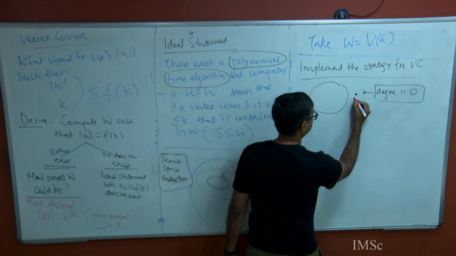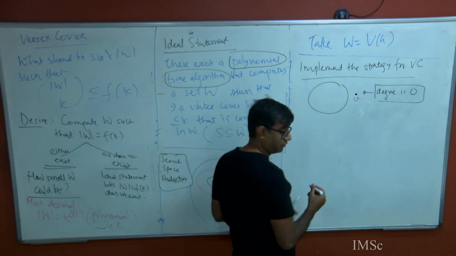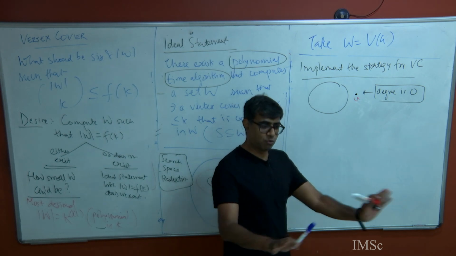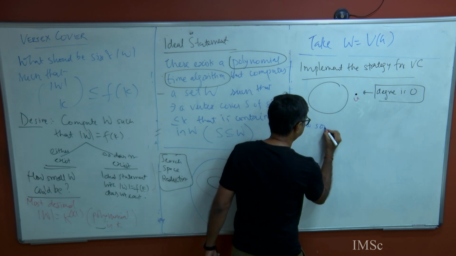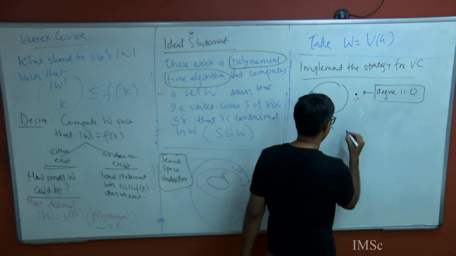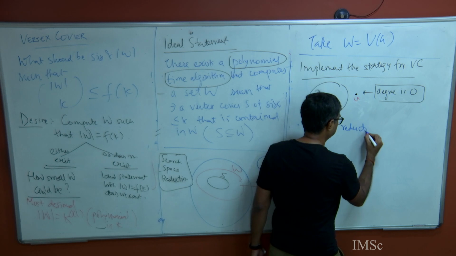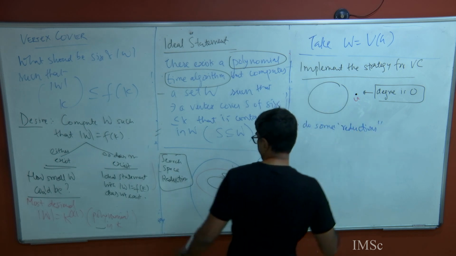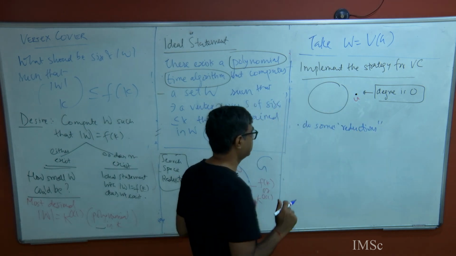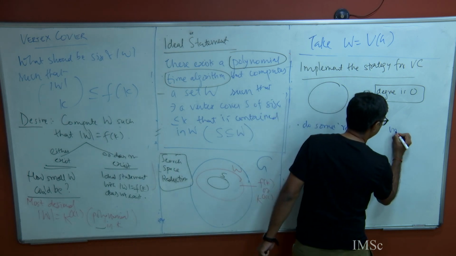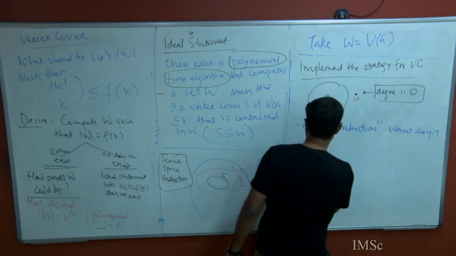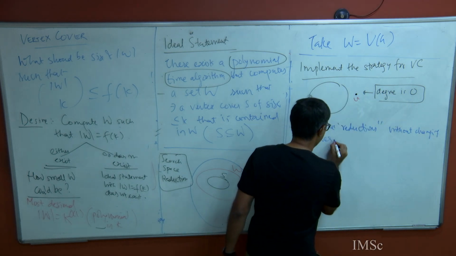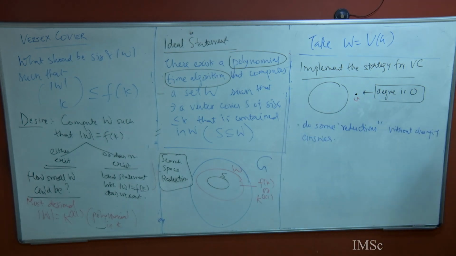Suppose this vertex is V. Then what we want to say is that the answer does not change. We want to do some reductions; after all, we are doing search space reduction. So, we want to do some reductions without changing the answer. Otherwise, if you change the answer, it does not make sense.